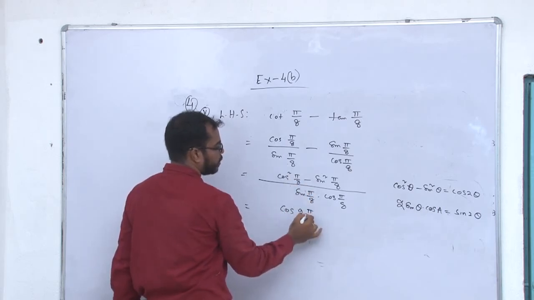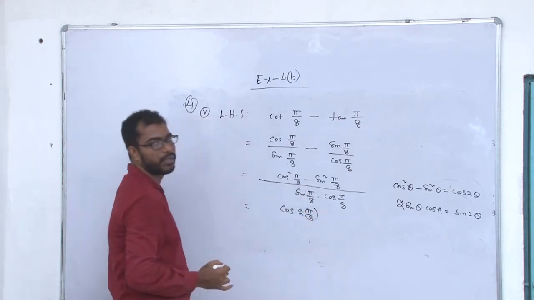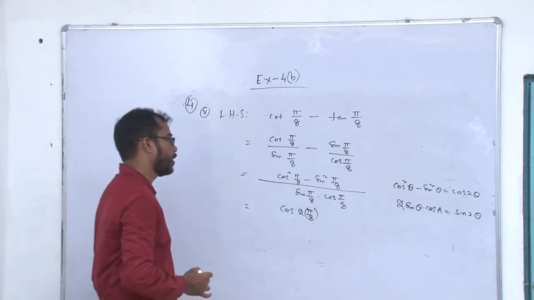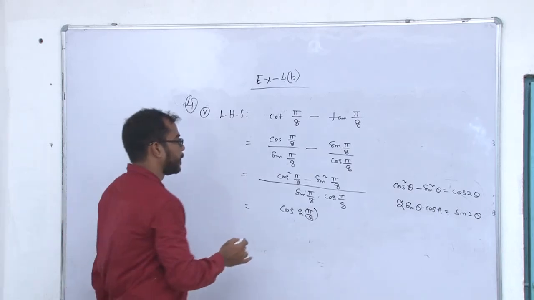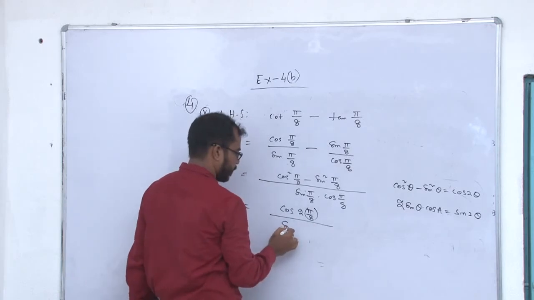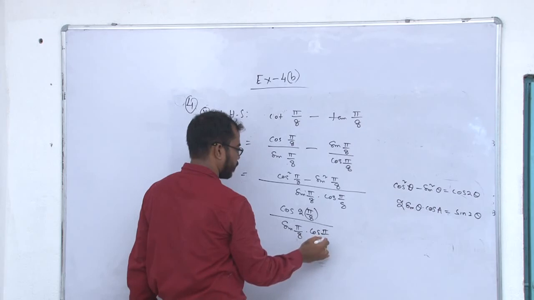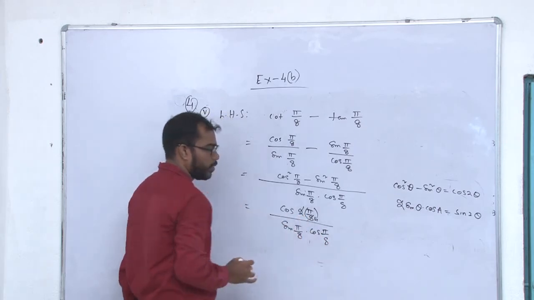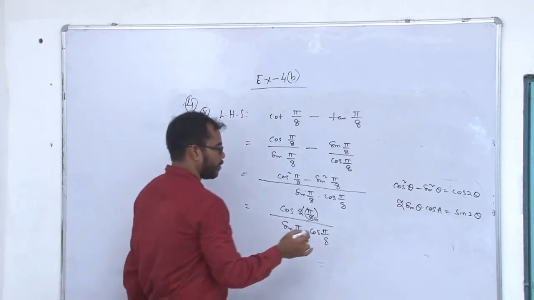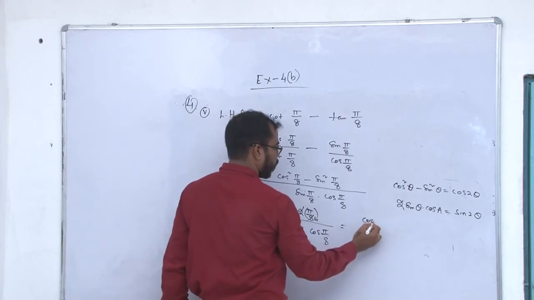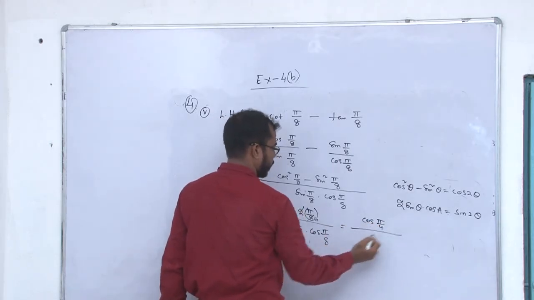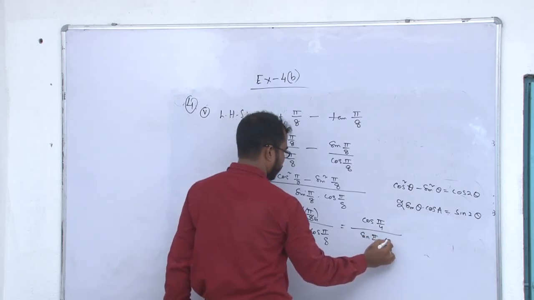Here theta is pi by 8. So you can write cos 2 into pi by 8 by sin pi by 8 into cos pi by 8. If we simplify, that is cos pi by 4 by sin pi by 8 into cos pi by 8.